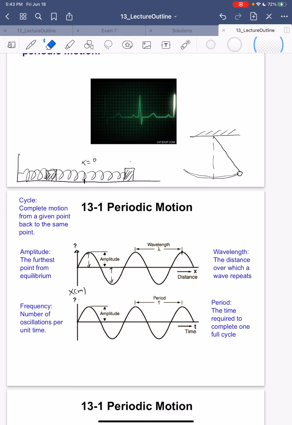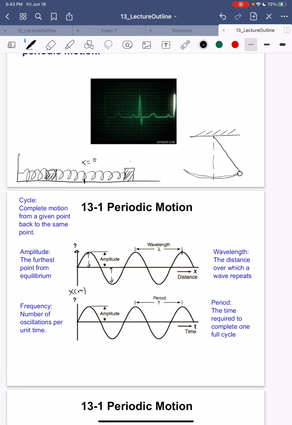Now, if we have the scale as time, this is going to be the period. The wavelength is the distance over which a wave repeats, and maybe I have a more sophisticated but more accurate definition.